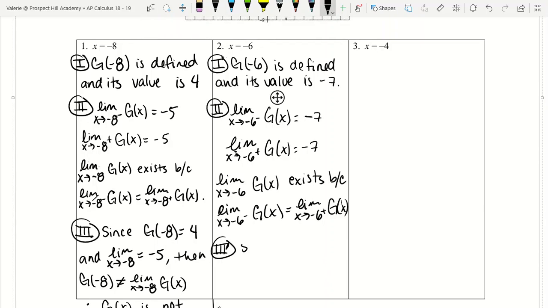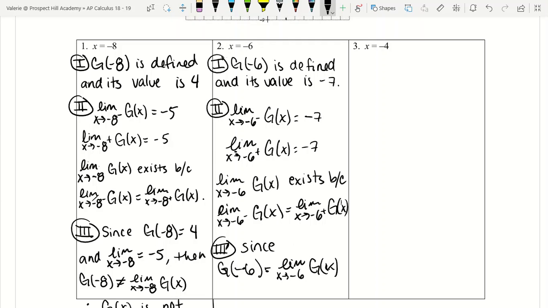Since g of negative 6 is equal to the limit as x approaches negative 6 of g of x, they're both negative 7.